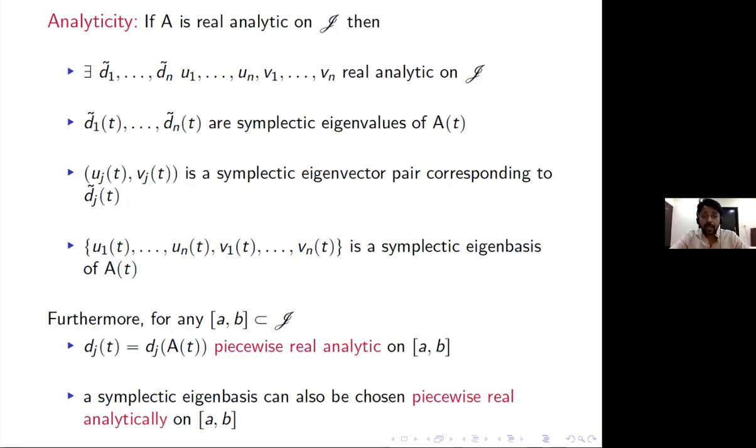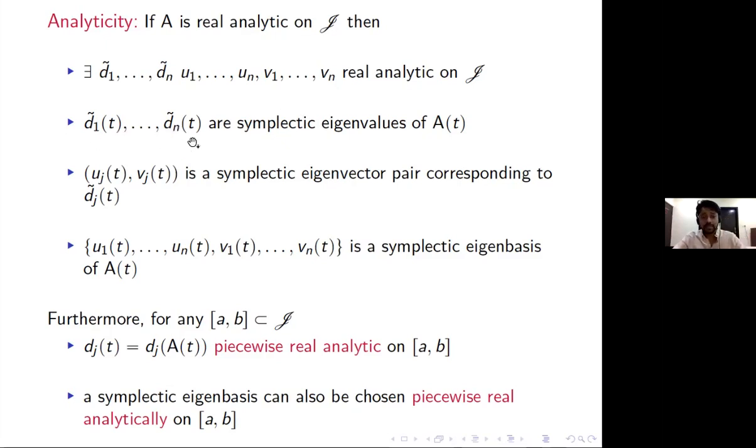In short, what we find is that if we have a real analytic curve, then we can choose symplectic eigenvalues and corresponding symplectic eigenvector pairs to be real analytic on the entire interval. More precisely, there exist n real valued maps given by d1 tilde to dn tilde and 2n vector valued maps which are real analytic on the entire interval.